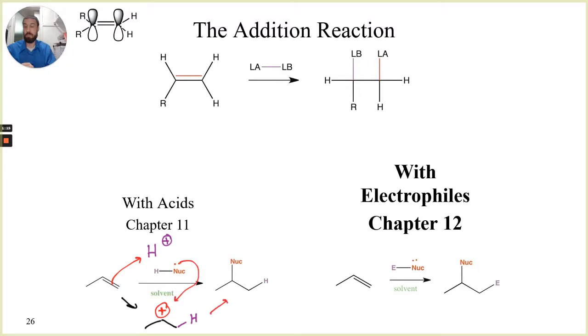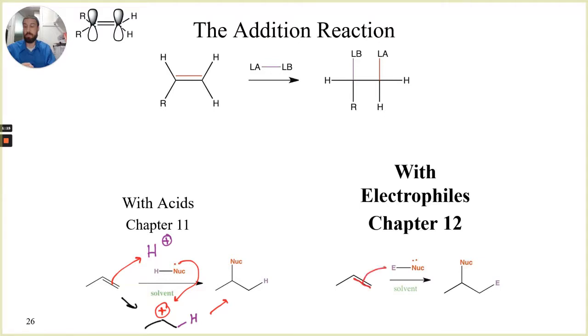So cool. Chapter 12 is very much the same thing with our electrophiles, but the problem is that our electrophiles and our nucleophiles are so distinctly different from what we've seen before with acids, which are clearly H+, that we lose sight of that reactivity and we end up saying it's a whole new system. It's not a whole new system. You're going to start with some electrophile-nucleophile system that may be connected, they may not be. The same process happens.